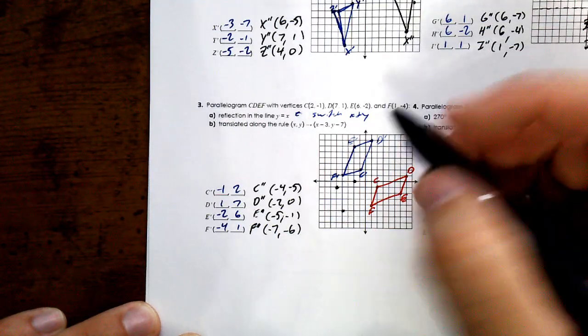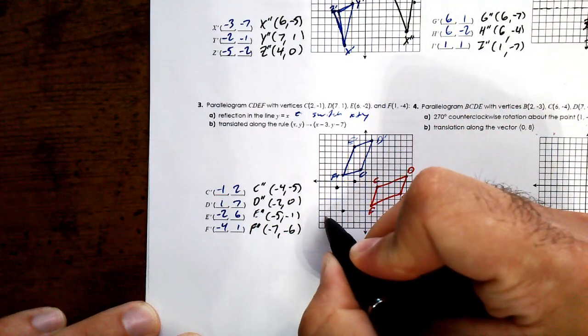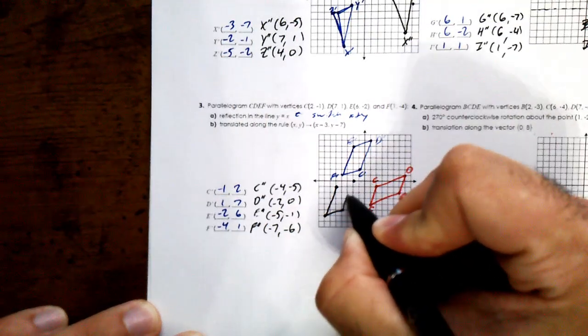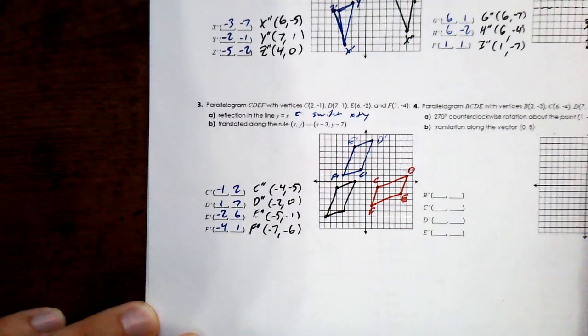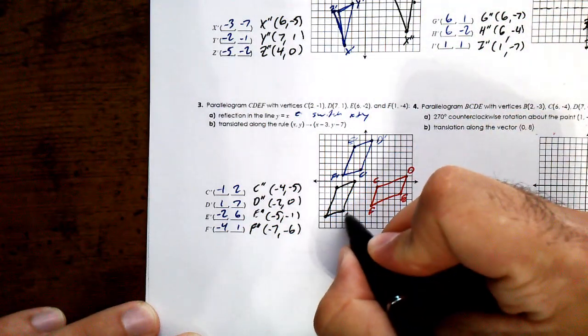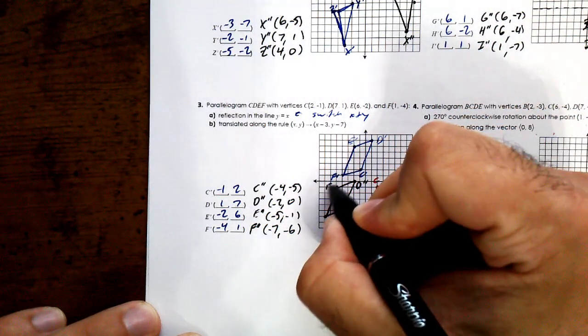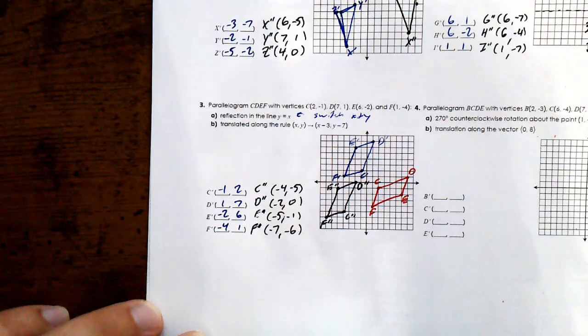And then we're at -7, -6. So down here. That gives us C double prime, D double prime, E double prime, F double prime.